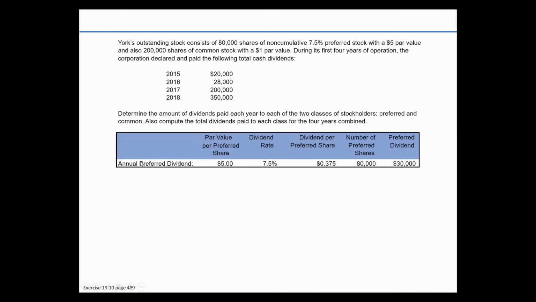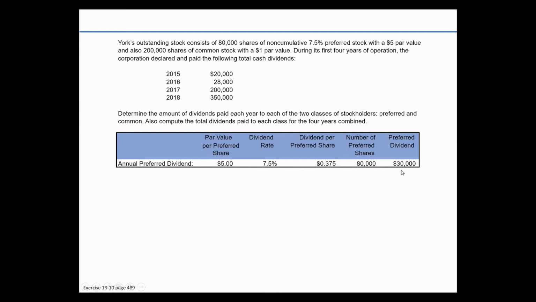What we can do is the annual preferred dividend is a $5 par value for a preferred share. The dividend rate is 7.5%. And so the dividend per share is 37.5 cents. And the number of preferred shares is 80,000.